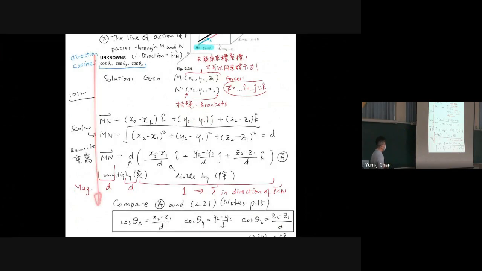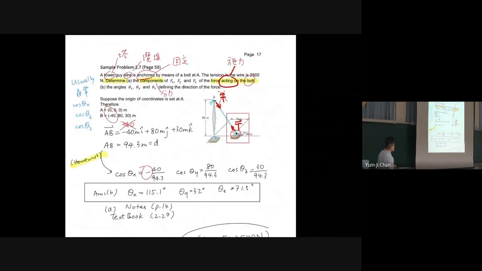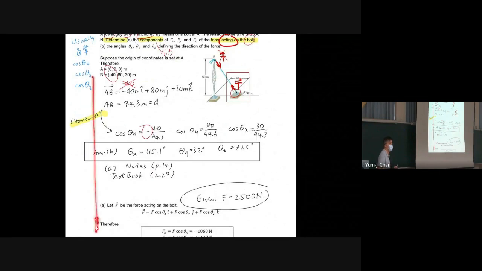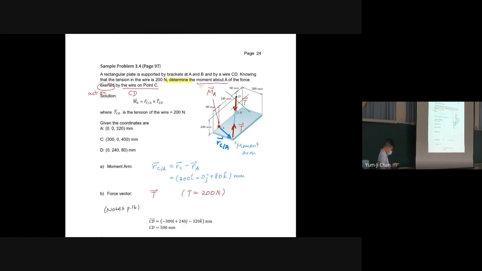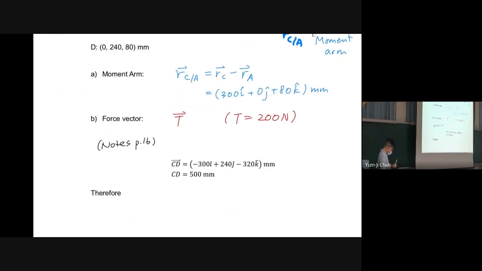This is on page 16, and we have an example on page 17. So there is an example. Is that okay? So for solving the problem on page 24, we have notes page 16 and page 17 as example.